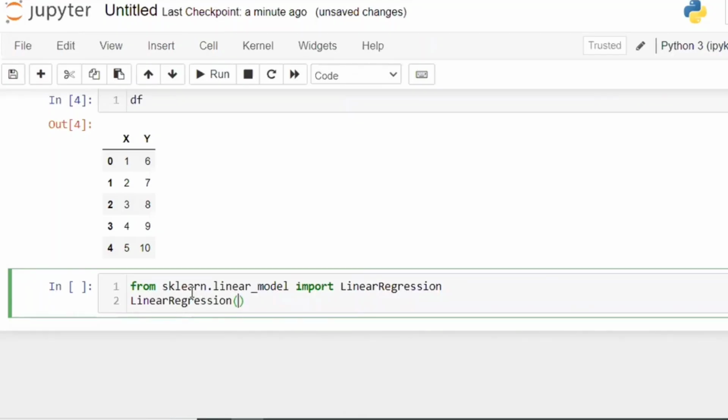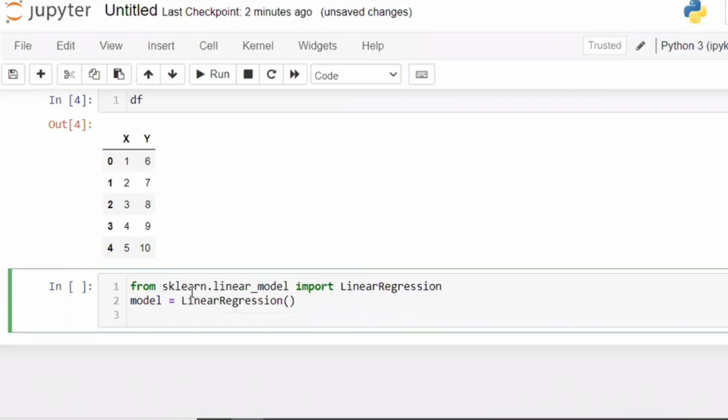I'm going to save this LinearRegression in a name called model. Now this model dot fit on x comma y. What is x? x is df of x, comma df of capital Y. Caps lock Y, right? Caps lock Y.